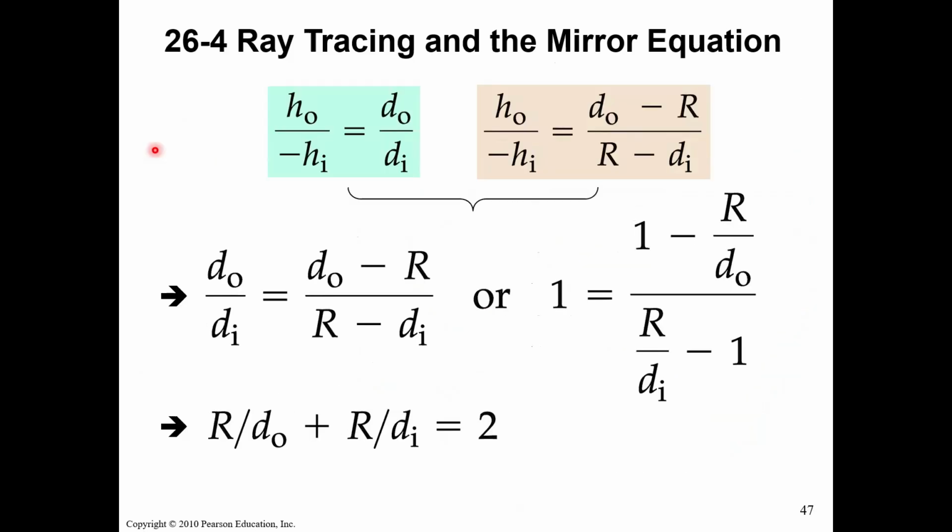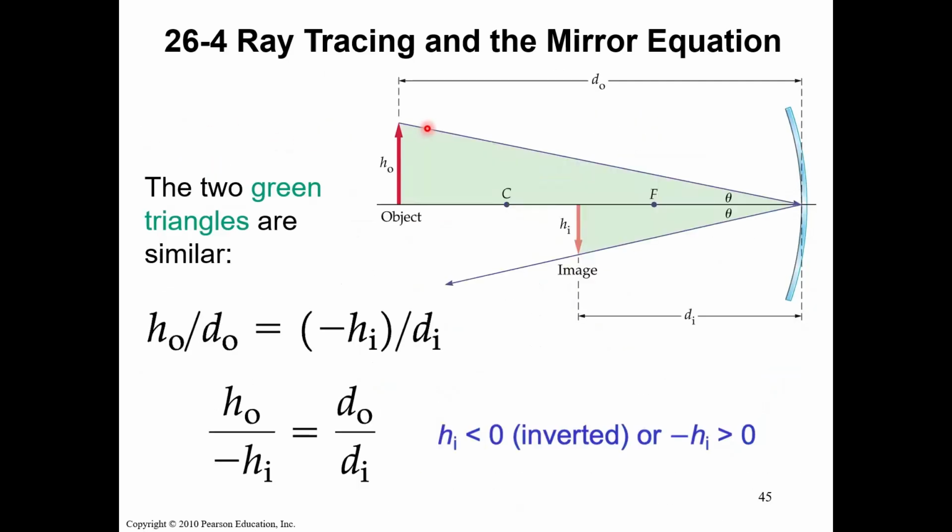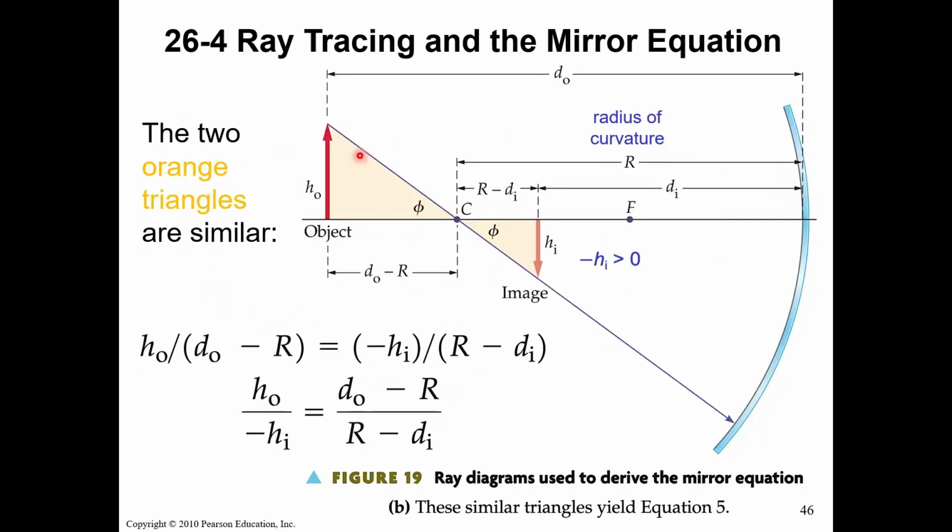Okay? So we have a first set of similar triangles, this ray connecting the object and the point where the principal axis crosses the mirror. And we have a second set of similar triangles for this C ray.